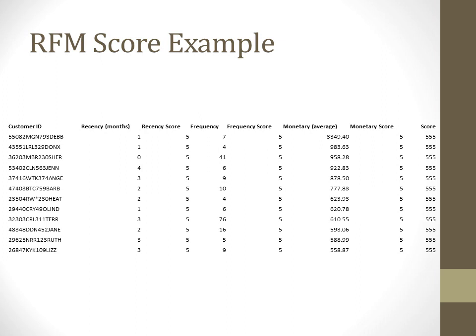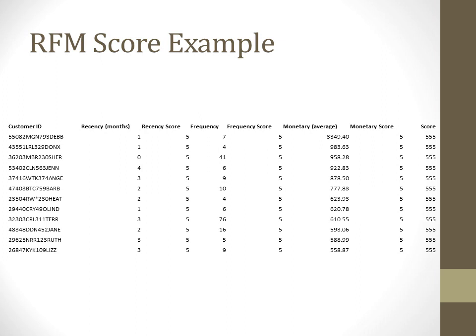You can see recency months. That first customer ID purchased 1 month ago, so they get a recency score of 5. They purchased 7 times in the past 5 years, which, when this data was split into quintiles, the top 20% for each of recency, frequency, and monetary would give them a 5, 4, 3, 2, 1 that way.